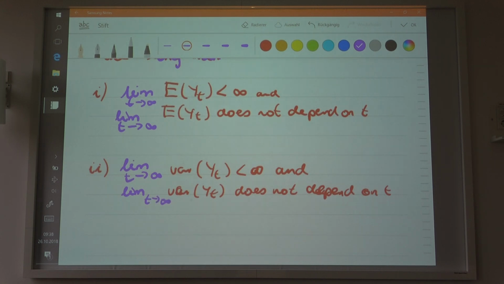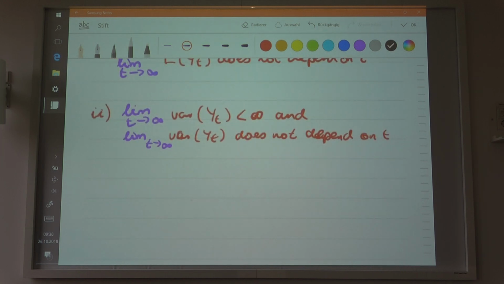So it could be, for instance, that the variance is time dependent at the beginning, but this time dependency disappears. To illustrate that, for a stationary process, the variance is basically time independent, so we always had just a variation within.